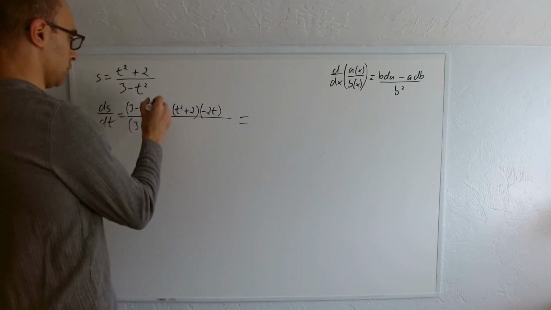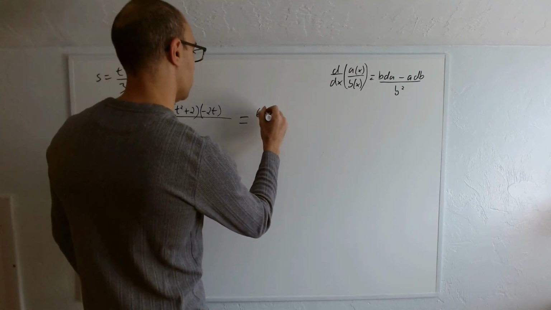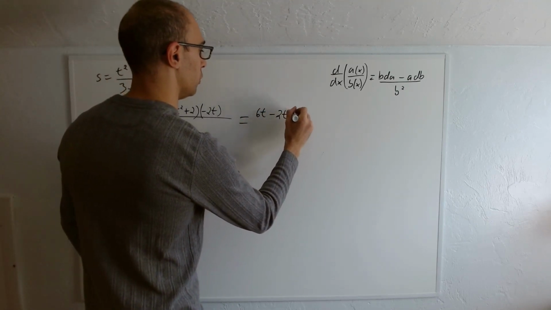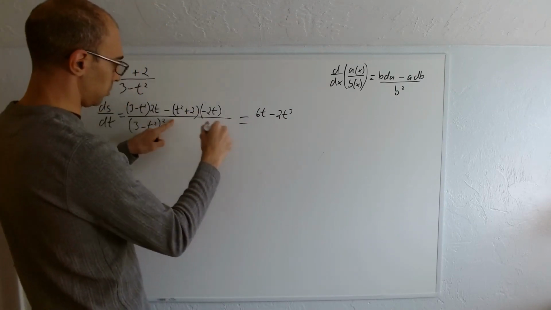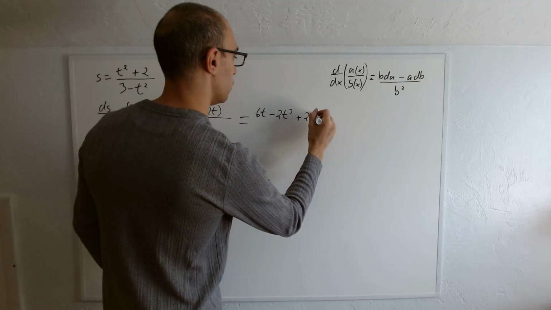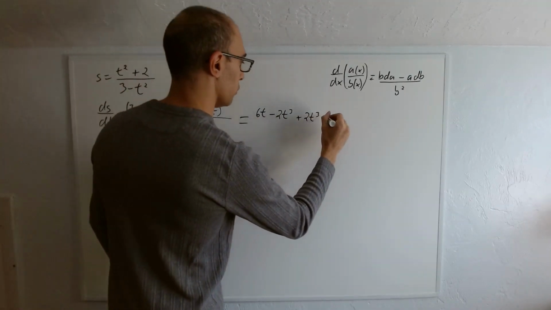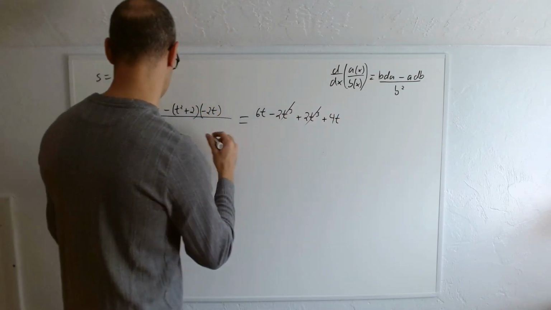Let's go ahead and distribute these 2t terms. So we get 6t minus 2t cubed plus 2t cubed, so those are going to cancel, plus 4t. Cancel, cancel.